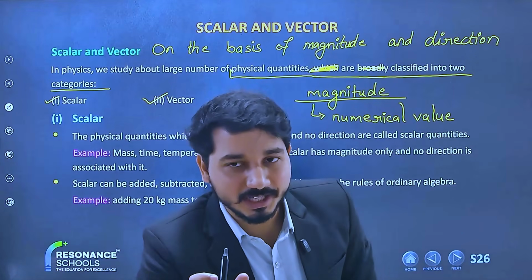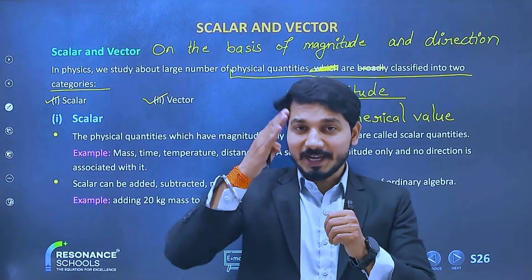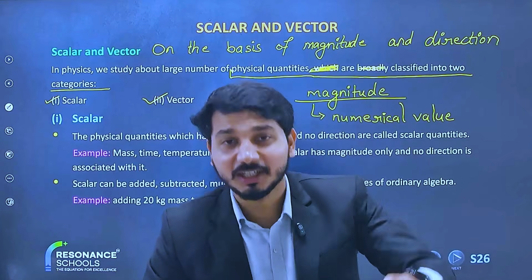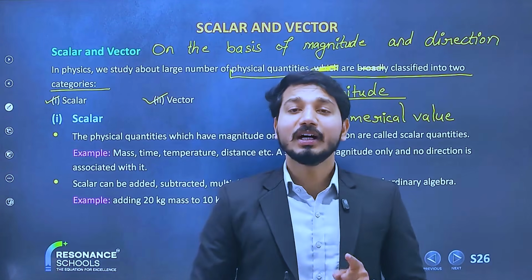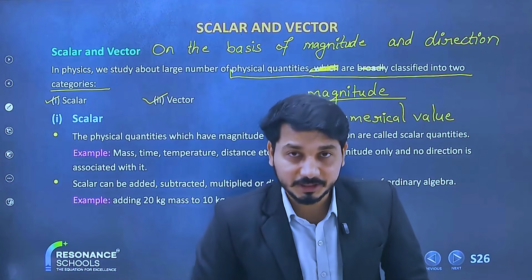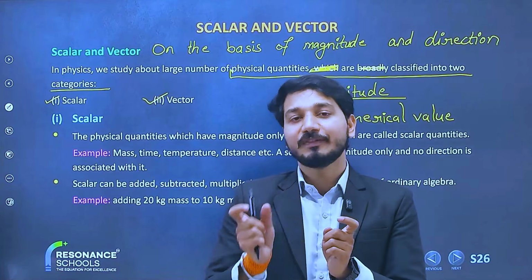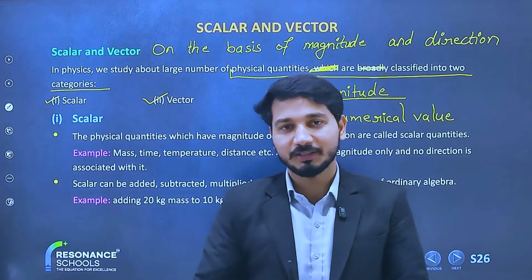As soon as you mention the direction along with the magnitude, that particular physical quantity becomes a vector quantity. But for a physical quantity to be a vector, there is one more condition. In the next topic, we'll understand.